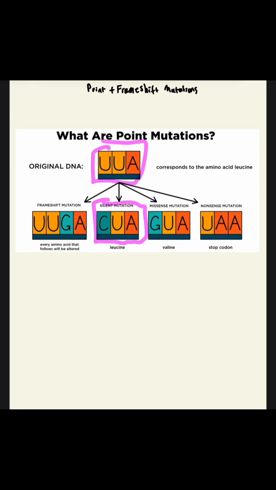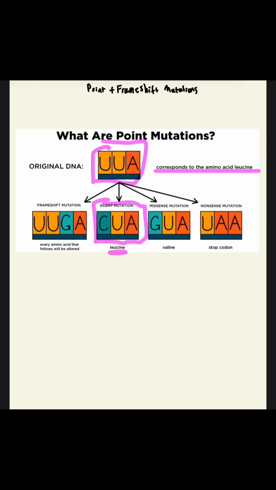Now that C, although it's a mutation, still codes for the same amino acid. It says up here that the original DNA codes for leucine. Now, the codon CUA also codes for leucine. So although there's a mutation, it's a silent mutation, which means you don't really notice it because it codes for the same thing.